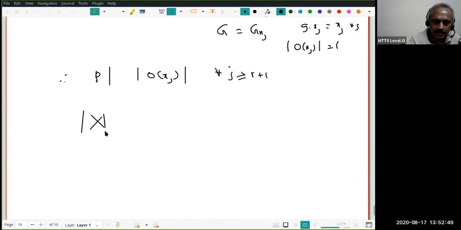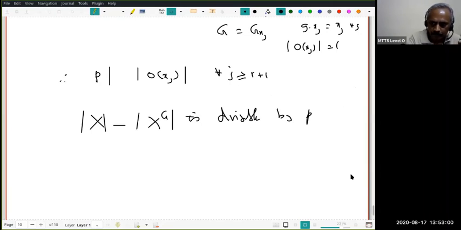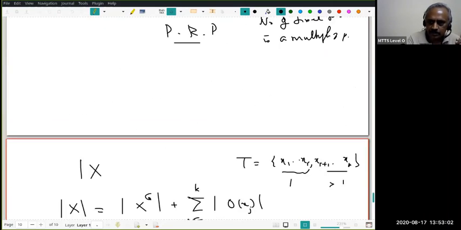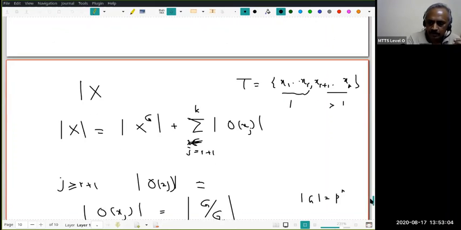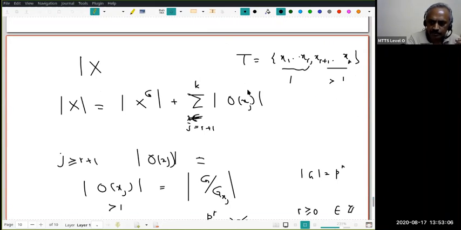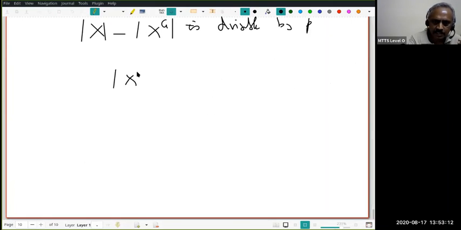Mod X minus the number of fixed points is divisible by P. Each of these elements is divisible by P, therefore the sum is divisible by P, therefore this minus this is divisible by P. But that's the same as saying this is congruent to this, mod P.